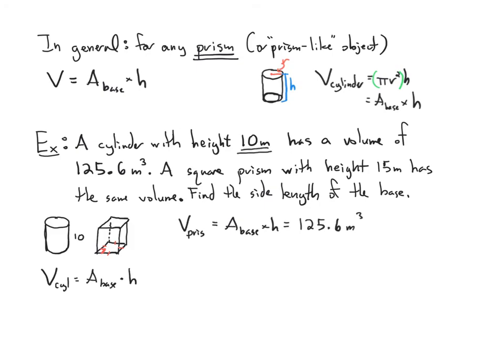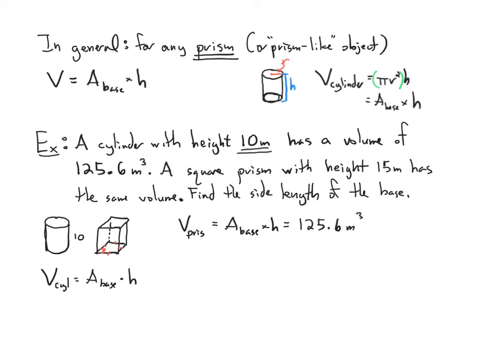In fact, the fact that they tell us that it's the same volume as the cylinder doesn't really matter. They're giving us the volume of this prism. Well, maybe instead of giving us the volume, they could have given us the radius here, and then we'd have to calculate the volume. That could have been a possibility. But in this problem, they just give us the volume.